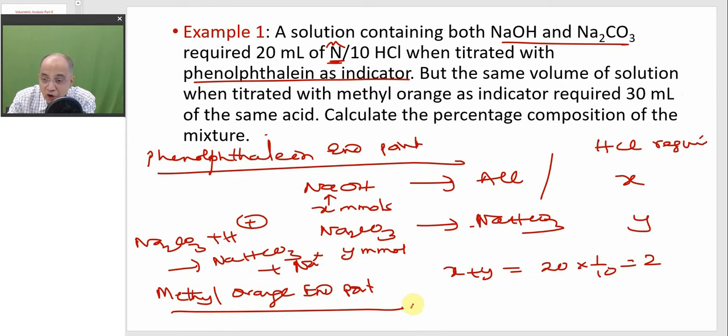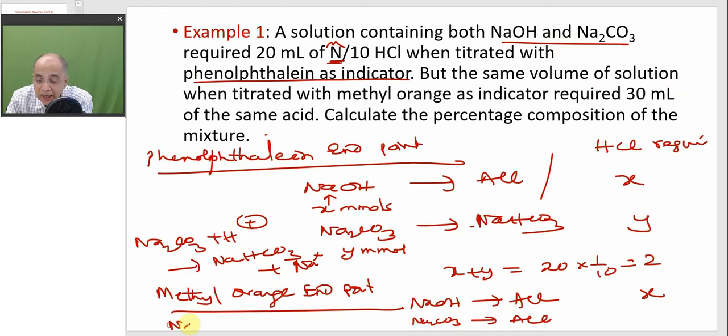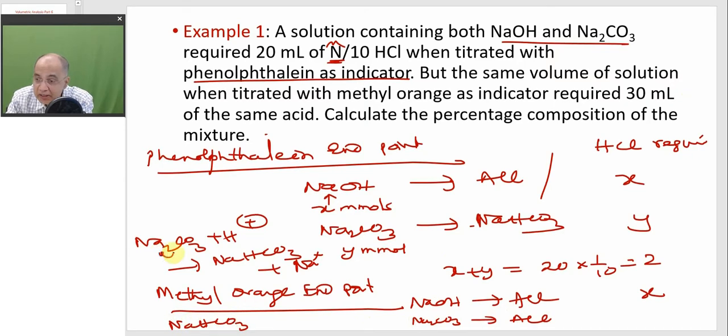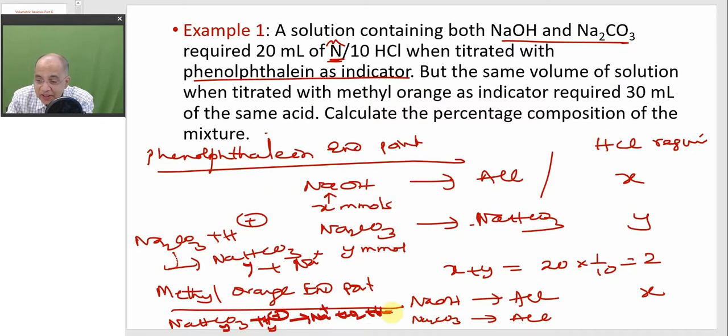So in this case, all the NaOH, that means X, and all the Na2CO3 are neutralized. In this step it is X, and in this step it is Y, and in this step also it is Y. So you have 2Y from the sodium carbonate.